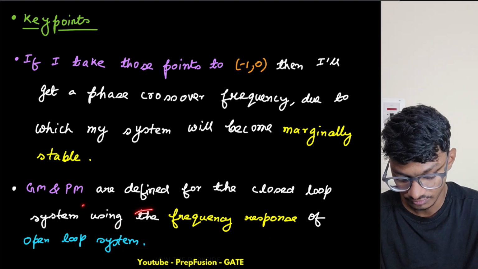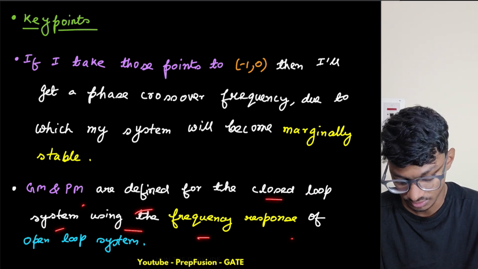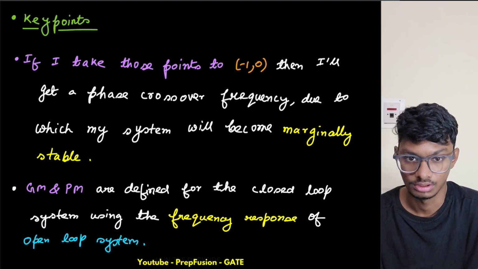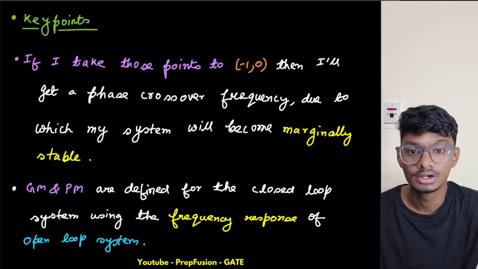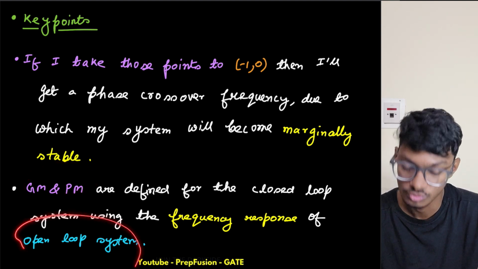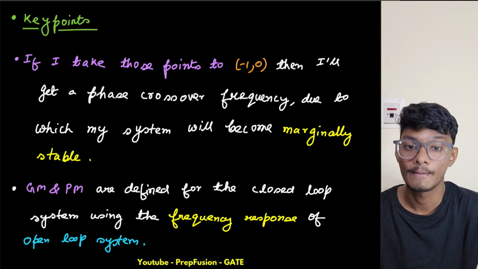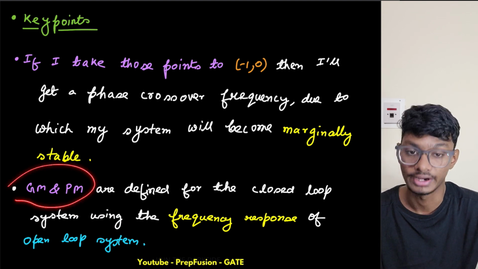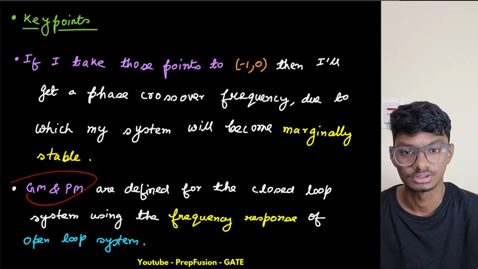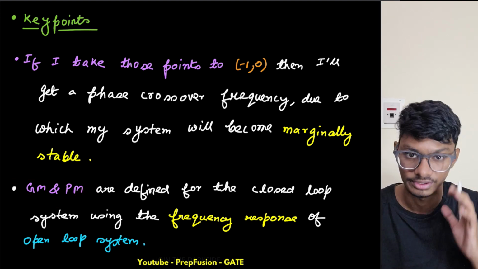We can find GM and PM using the open loop frequency response, but it is defined for a closed loop system. If I don't have a closed loop system, then calculating this is useless. So do get this point in your head.